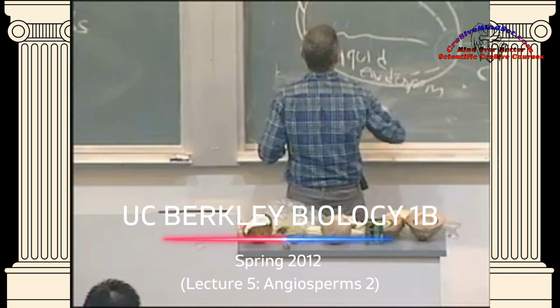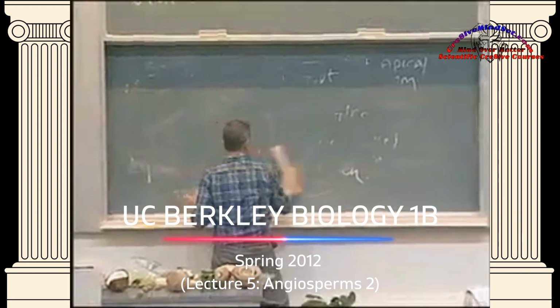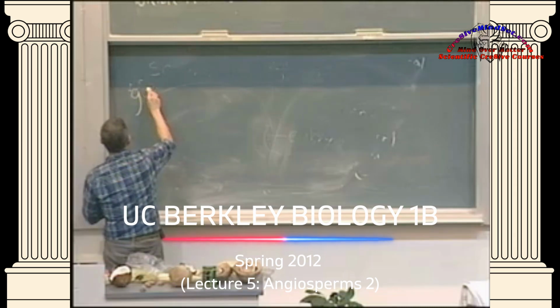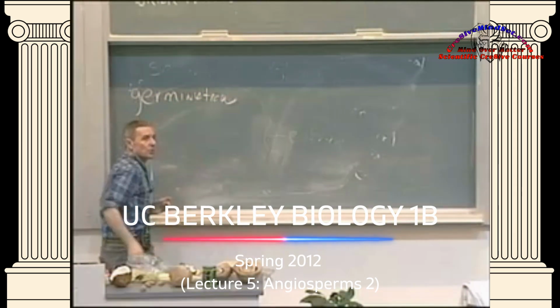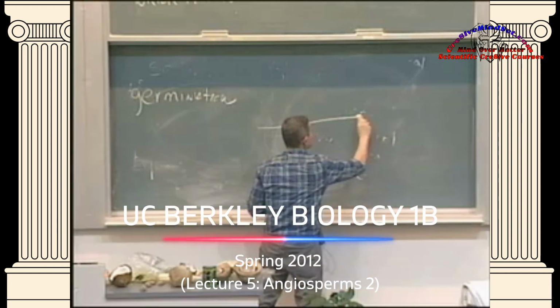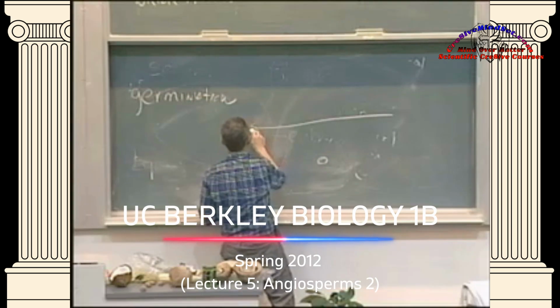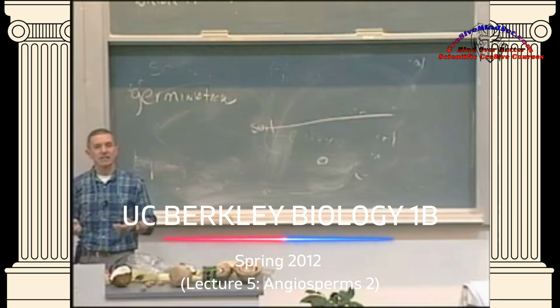Finally, what I want to do is to just talk to you briefly about germination of the seed. When the embryo is mature, I'd like to talk to you about germination. So here we have this seed, and the seed is buried in the soil. Now, this seed has a problem.